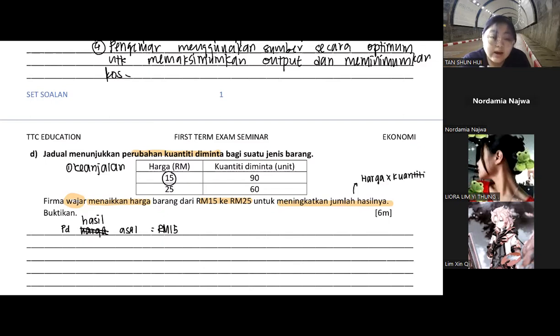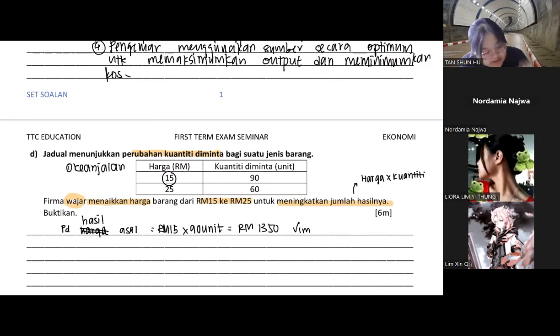So 15 ringgit times 90 unit, you get how much? 1350, right? You're able to prove this 1 mark already.